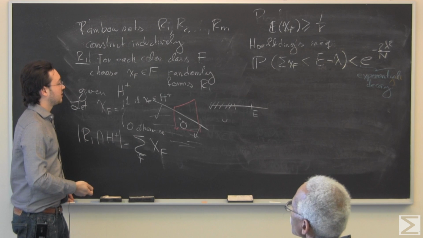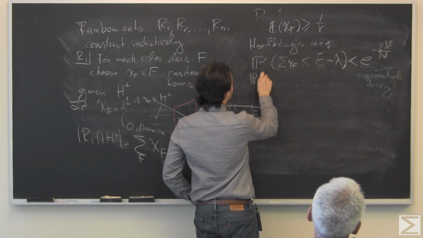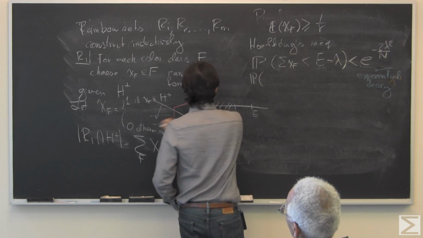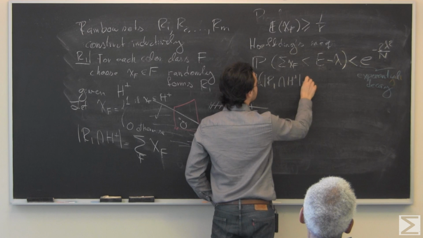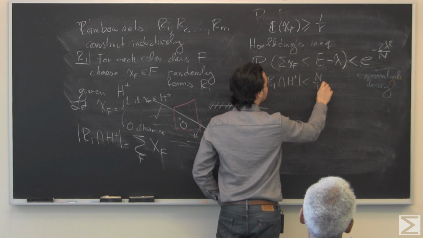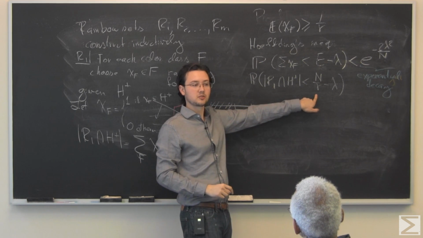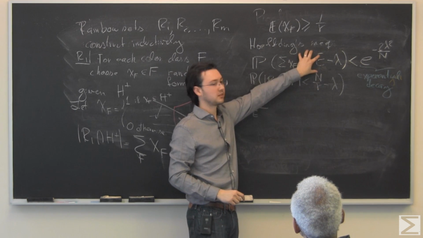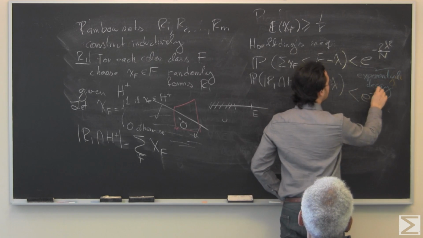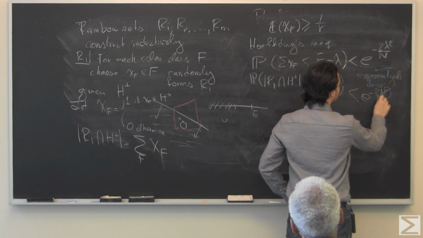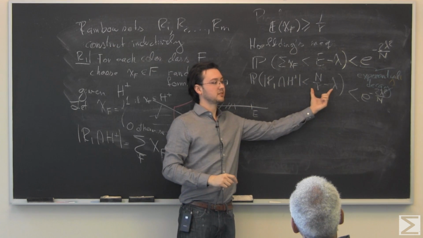Because then the probability that the number of points I have here, or one intersection H plus, is less than n over O minus lambda, the expectation, or bigger than the expectation, right? So this should be more difficult than this. So this is less than e to the minus 2 lambda squared over n. And I will say a half space is bad if this happens.